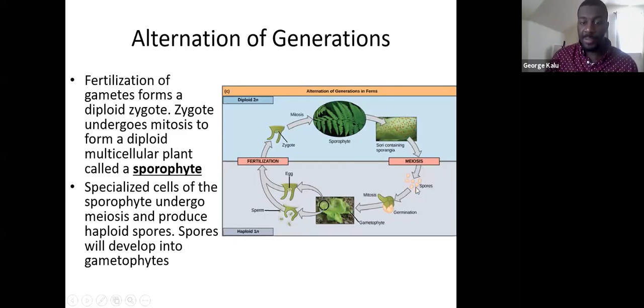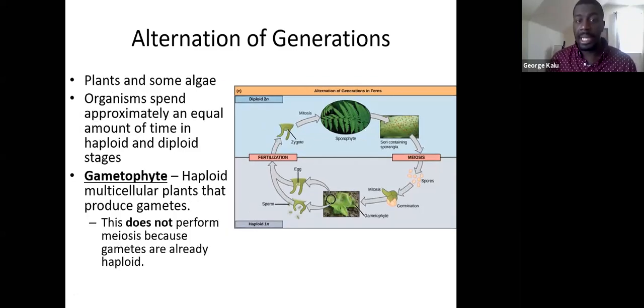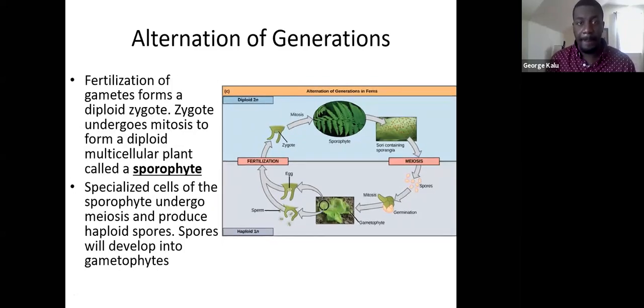Those spores will eventually develop into gametophytes. So this entire life cycle is going to have about the same amount of time in haploid stages as in diploid stages. So that is alternation of generations, found mainly in plants and some algae as well.